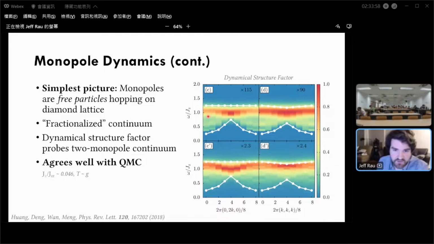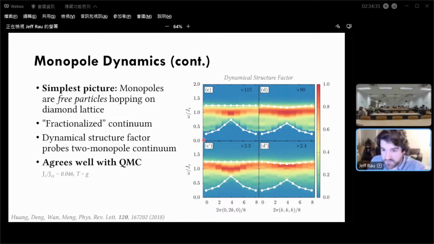This can be modeled relatively simply as just particles, these monopoles, hopping on this diamond lattice, and then you look at what that two-monopole density of states is at each k, and you get some theoretical prediction for what they should be seeing, and that's these bottom two panels. You can see that modeling matches reasonably well between these two things. So really, we do have quantum mechanical monopoles running around, a fractionalized continuum of these excitations at finite energy.